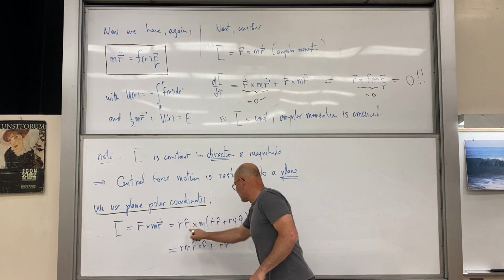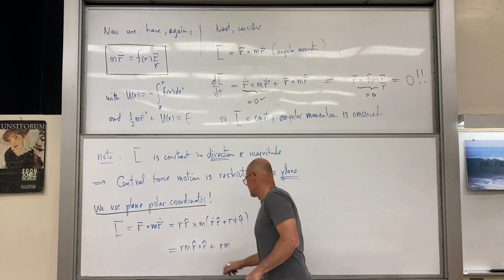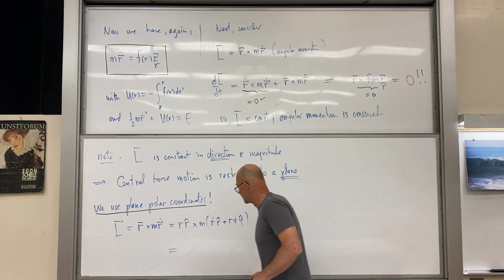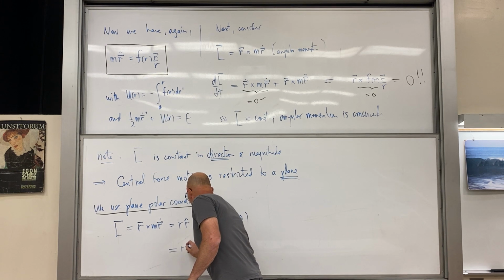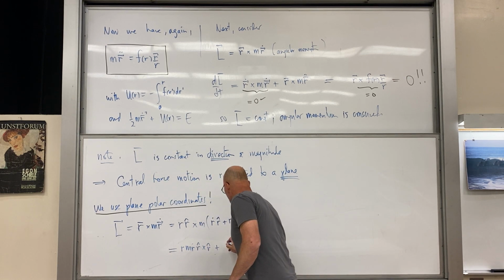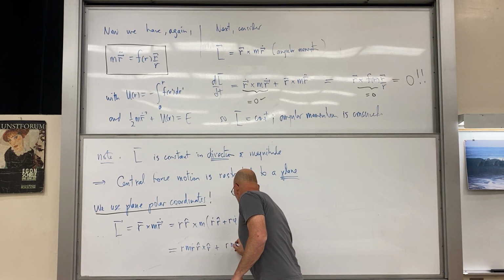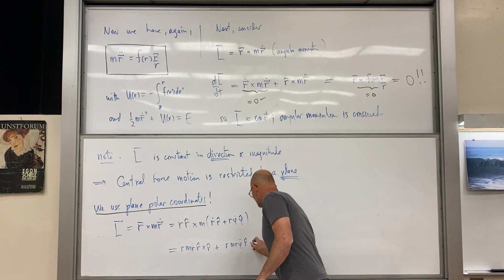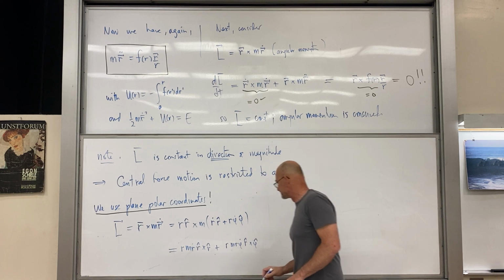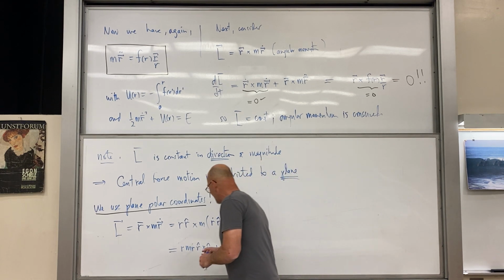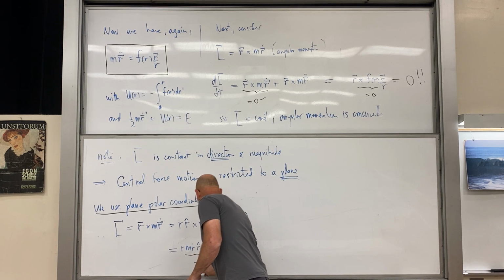Okay, here I didn't write that out correctly. Let's make sure we do that right. We have R M R dot R hat cross R hat plus R M R phi dot R hat cross phi hat. So yeah, this is going to vanish, right? R hat cross R hat, that's 0.